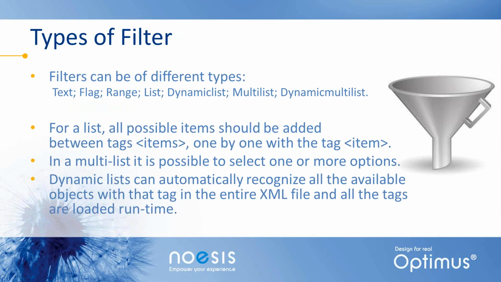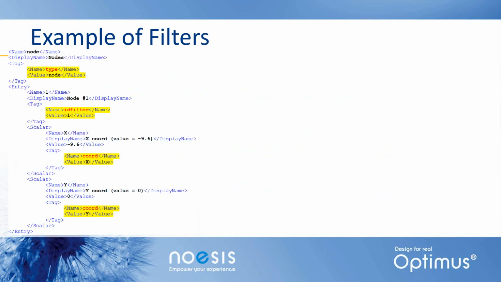You can define several types of filter, like filter on the text, on flag, on ranges, as a list, as a dynamic list, as a multi-list, as a dynamic multi-list. There is no time to go deeply on that, but in the next slide we have an example of filters.